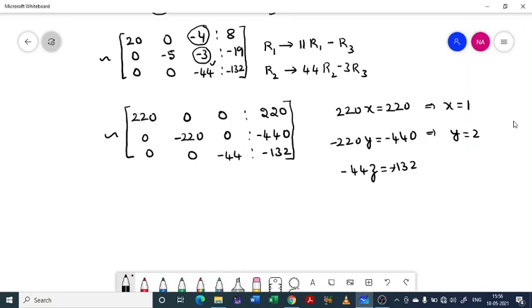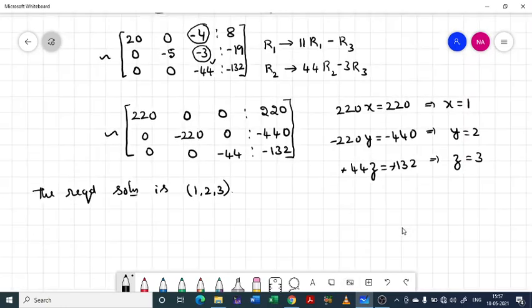So minus minus get cancelled, 44 comes to this side, so z will be 132 by 44. You can check that z will be 3. So the required solution is 1 comma 2 comma 3. That's all. This completes the solution of problem A.